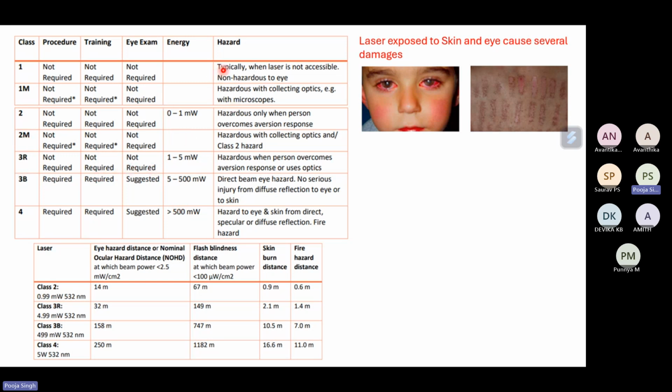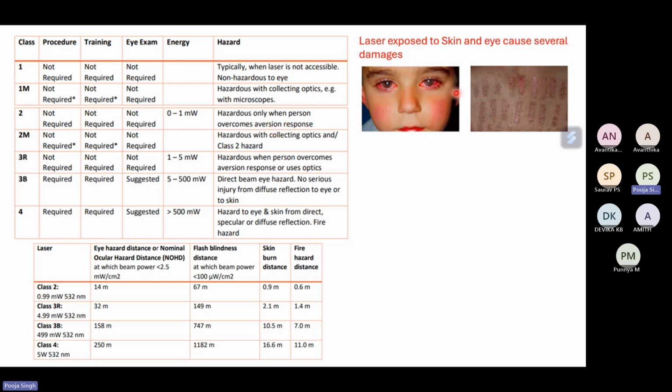So what hazards can occur using lasers of different power? Typically, when the laser is not accessible, it is non-hazardous to the eye, hazardous with collecting optics. If you are taking 0 to 1 milliwatt, it is hazardous only when a person overcomes the aversion response.